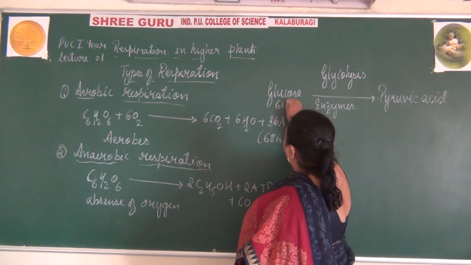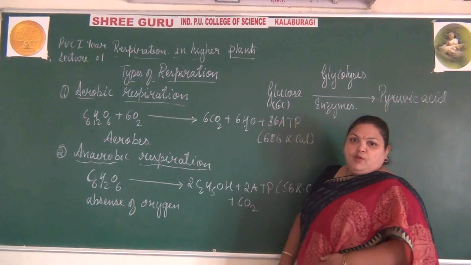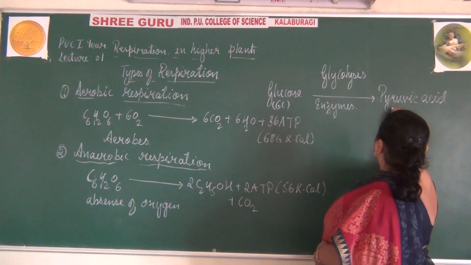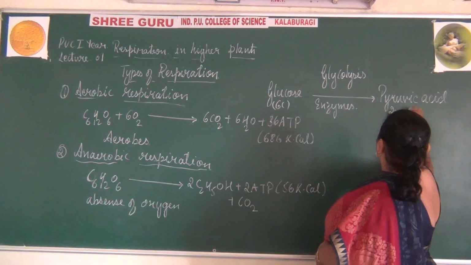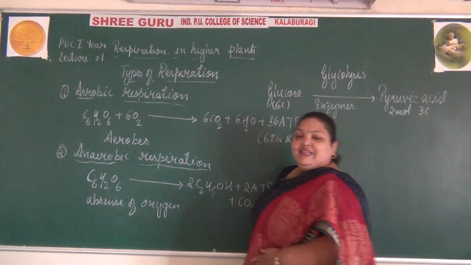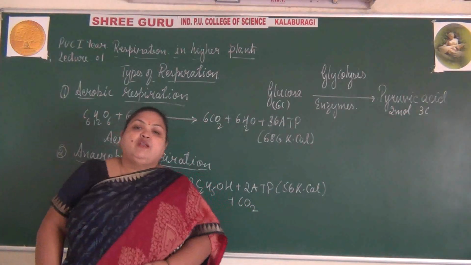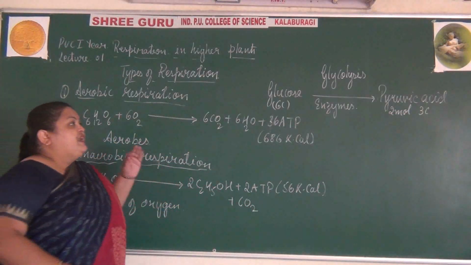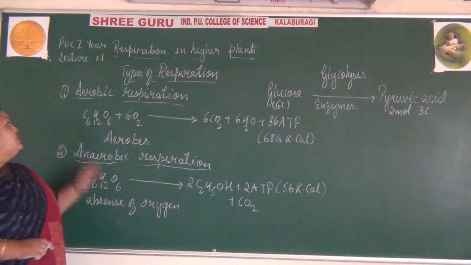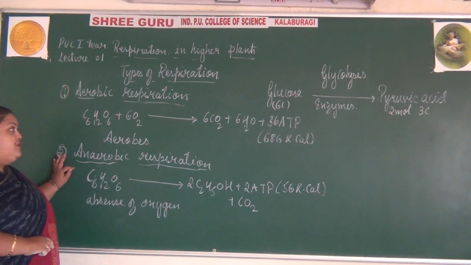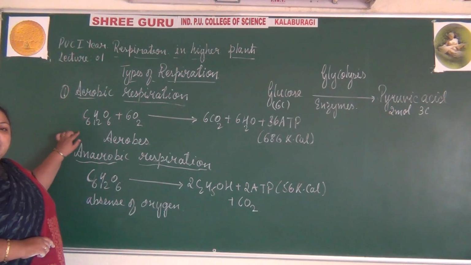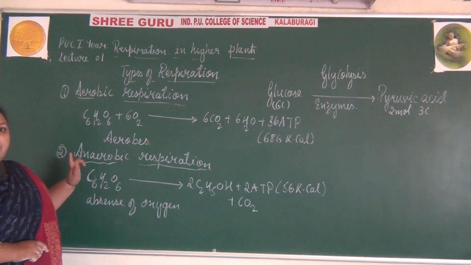A 6-carbon compound molecule is converted into 2 moles of 3-carbon compound, and that process is known as glycolysis. Glycolysis is the common process for both aerobic and anaerobic. So we'll go with the equation and find out the definition of aerobic respiration.